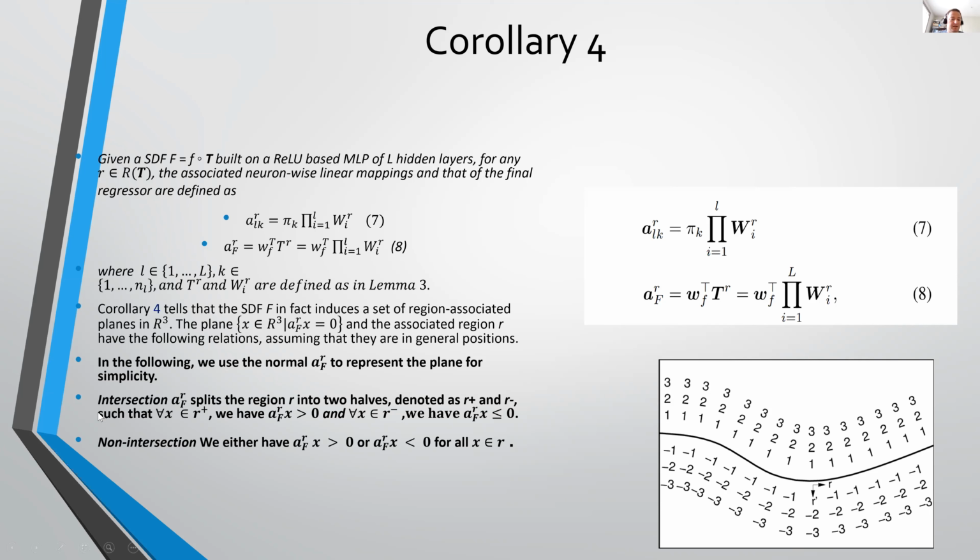And one of the important properties is intersection. If you have a piecewise hyperplane, above that hyperplane will be positive and below it'll be negative. So that's why I keep bringing up the signed distance function concept.